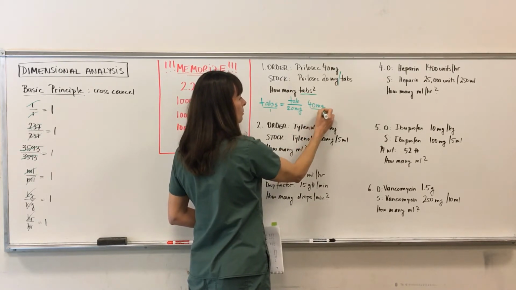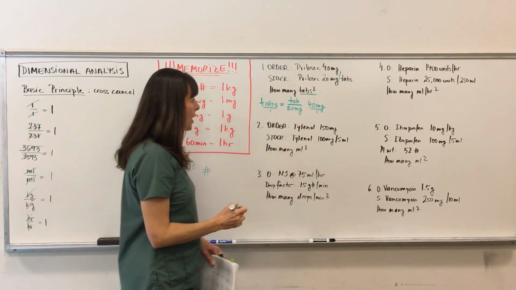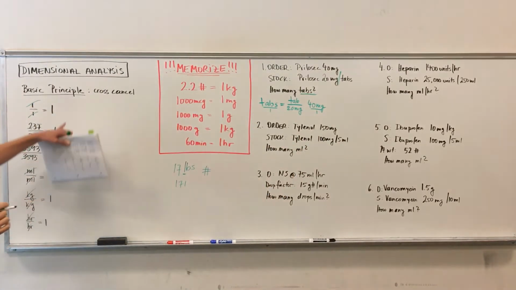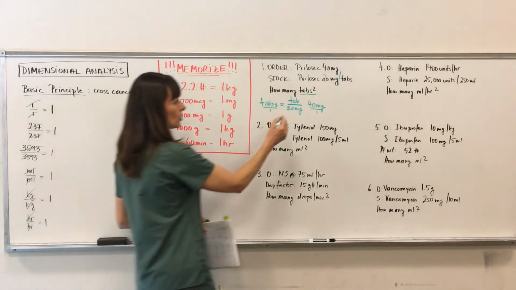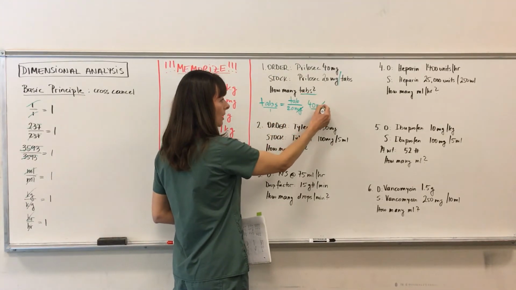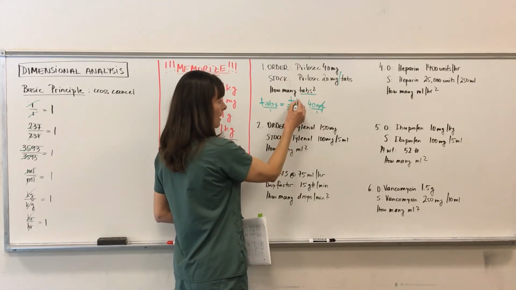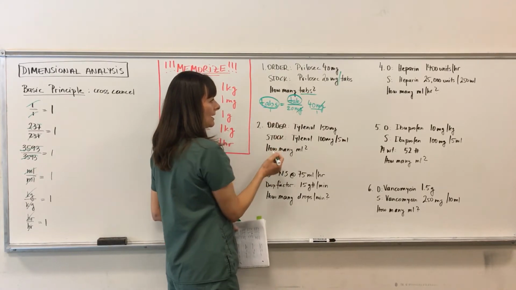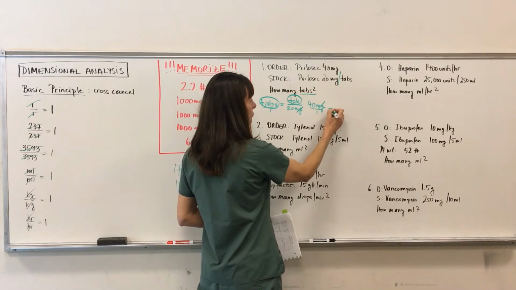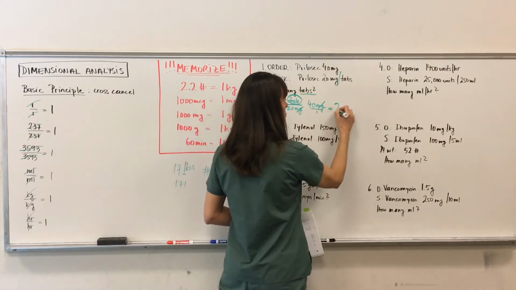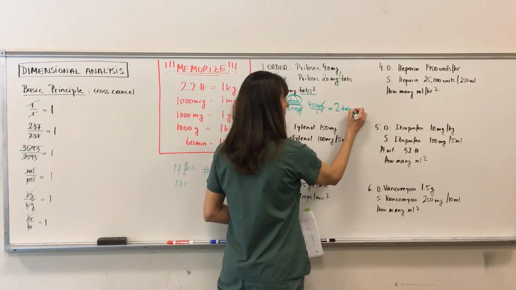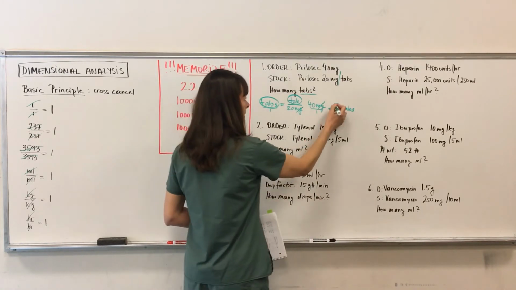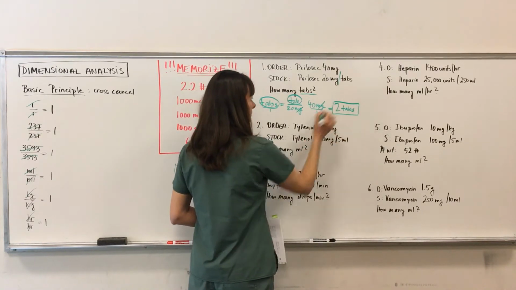And really this again could be put over 1. So now by this principle of cross canceling, I can cross cancel the milligrams here, which equals 1. I'm left with tabs, which is what I'm looking for here, and then I simply do my math. So 40 divided by 20 is 2 tabs. That would be my answer.